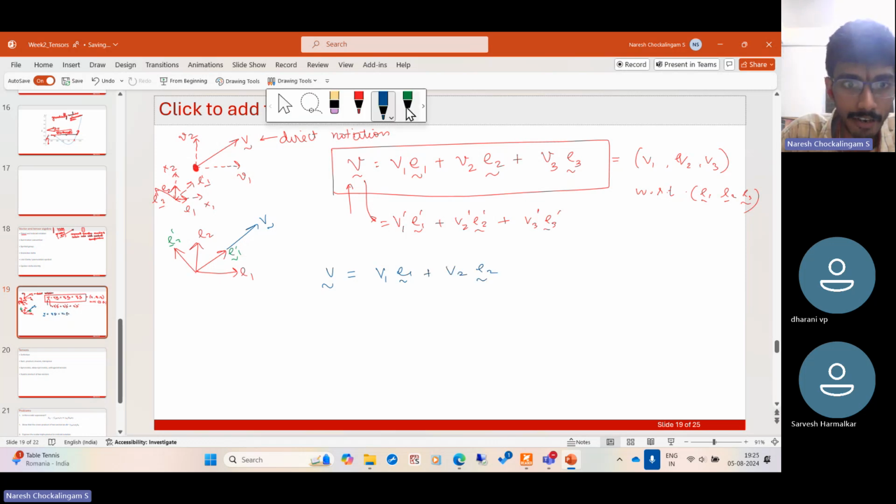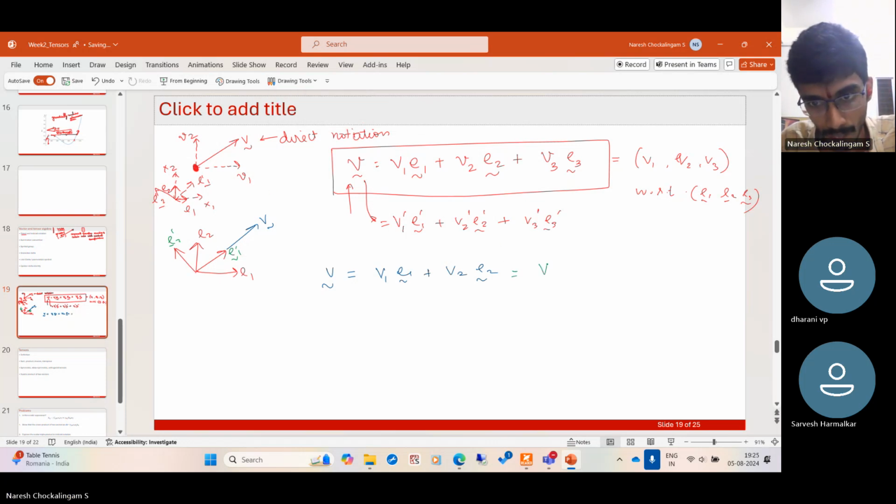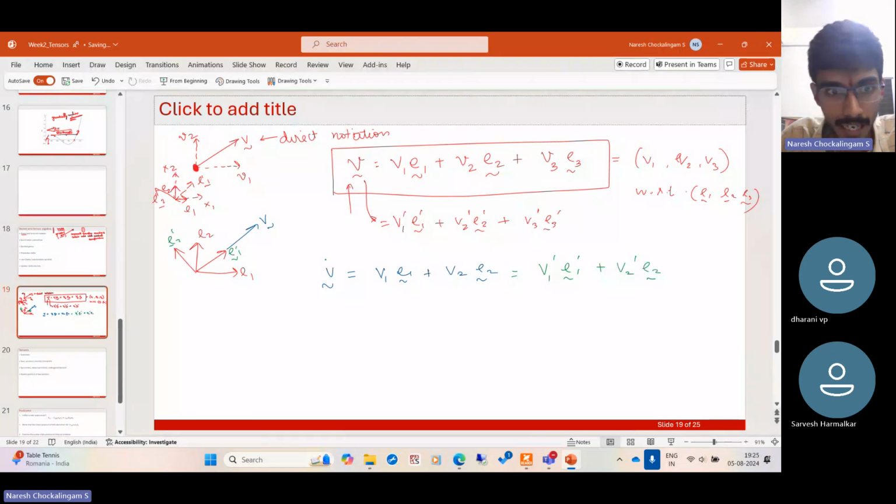But the same vector, when you express it in a rotated coordinate system, is v1 prime e1 prime plus v2 prime e2 prime. But e1 prime is collinear with v, which means its component along e2 prime is 0. So v2 prime is 0. So it is nothing but v1 prime, and v1 prime is just the magnitude of v in this case, right? So all this is basics, this you know.